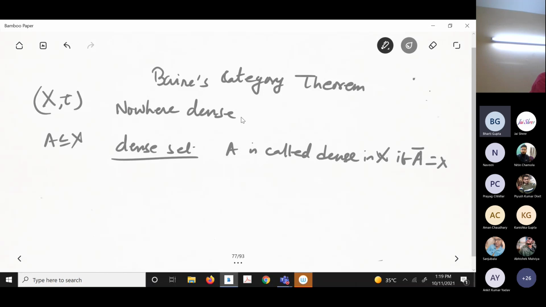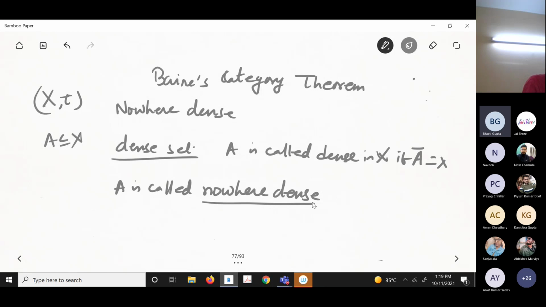A is called nowhere dense. That means everywhere basically it is hollow. It is called nowhere dense if the interior of A bar equals empty. That I told you, this is important.